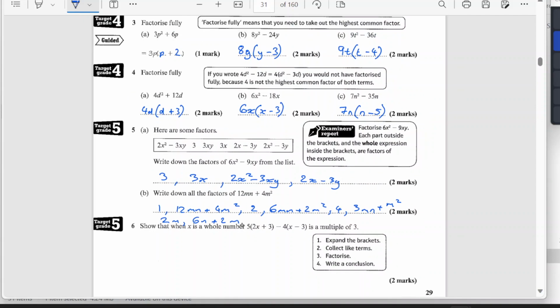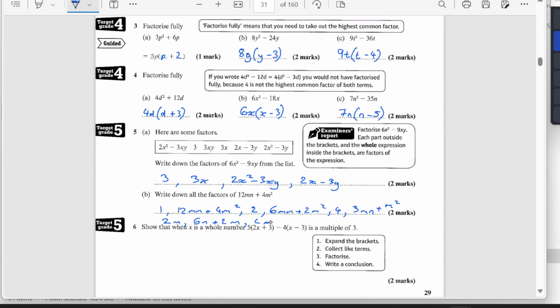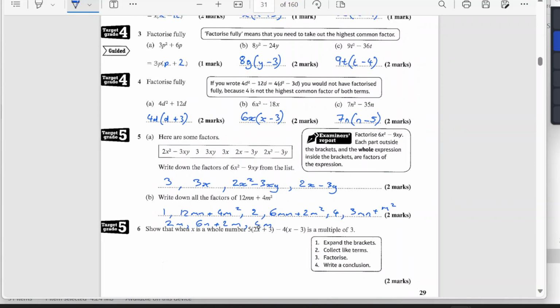And then my final pair would be, I could take 4m out, and then my factor pair for that would be 3n and m. So that's all my factor pairs.